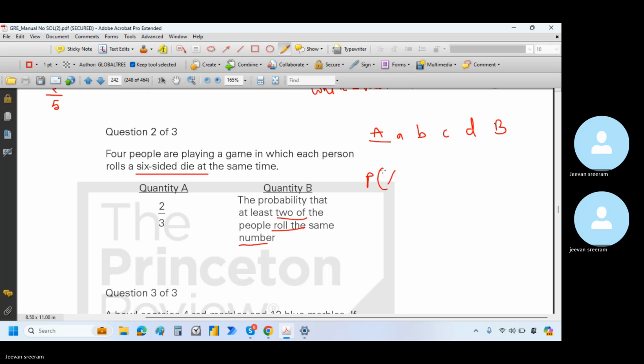It cannot be at least one person rolling the same number. When there is only one, you never compare. To compare, there must be other people. There must be two people for a comparison, to see whether they have rolled the same number or different numbers. So greater than or equal to 2.